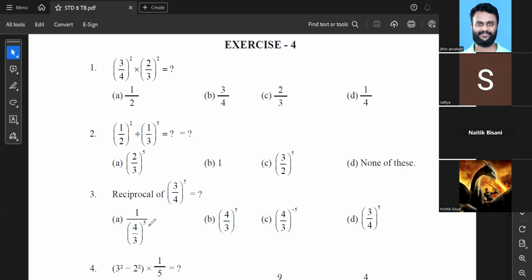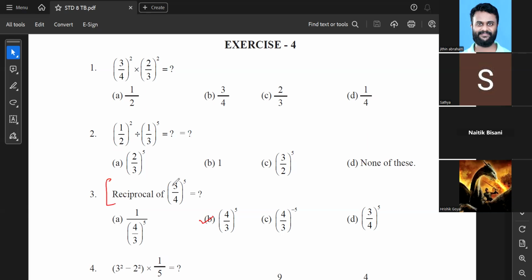Now let's proceed further. ये भी हो गया. Reciprocal of 3 by 4 raised to 5 is 4 by 3 raised to 5. B, this is your answer. They are asking for the reciprocal of this, that is 4 by 3. Understood? They don't want this to be equal.